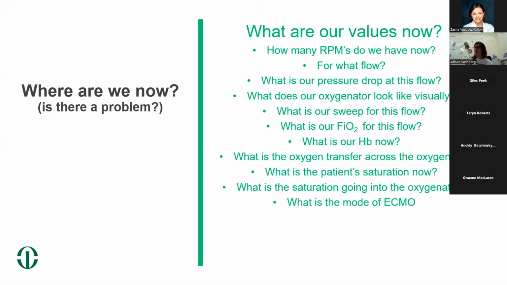We look at the patient's saturation again in the body and going into the oxygenator, because although the patient's saturation may be low, we know we can only do so much with what's coming into the oxygenator. So while we think it may be failing, if the mixed venous is 35, we know we're not going to get a great saturation coming out. And again, we look at what the mode of ECMO is. Do we need to add more cannulas?